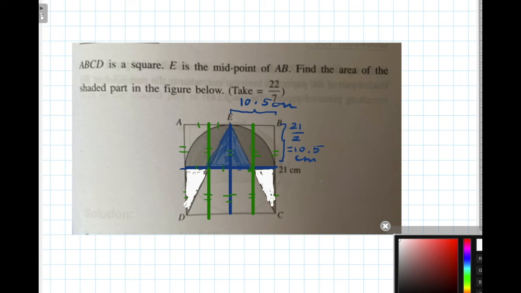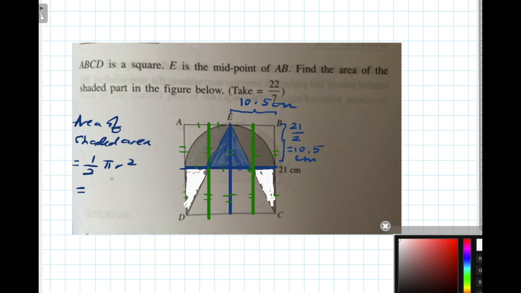Then what? From here, what can I see? The shaded area is actually a semicircle, right? And what will be the area of a semicircle? Area of this shaded area equals half times pi r squared.